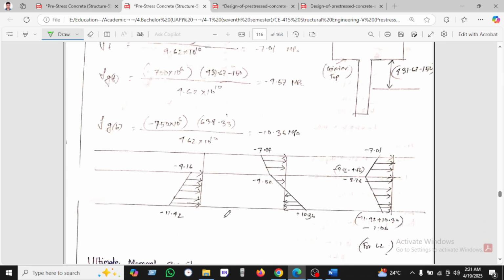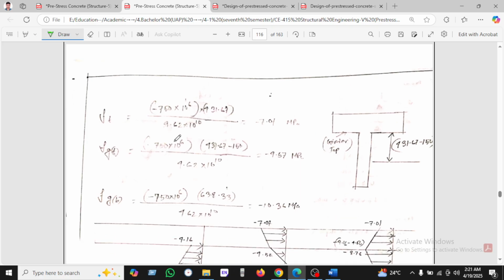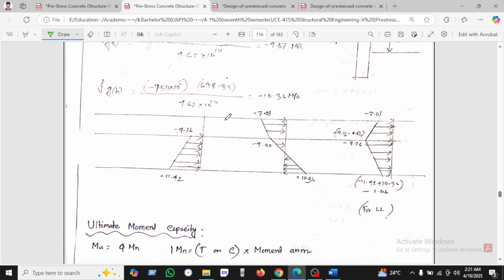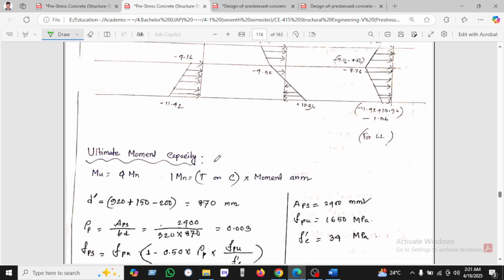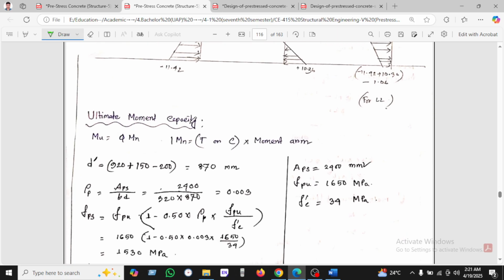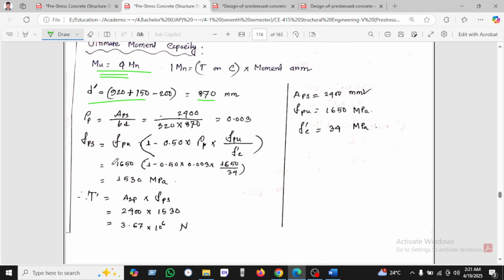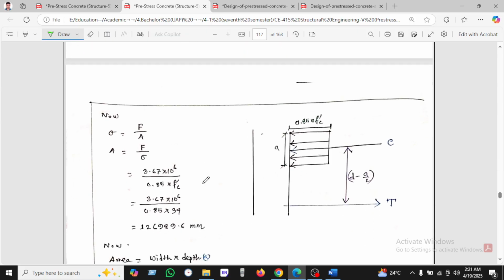We can see the graph is given here. If we calculate here the ultimate moment capacity, d prime is also found here. We know rho equal to As divided by b d, and fps equal to, we can use this formula and find this value, and the tension we find from this value.